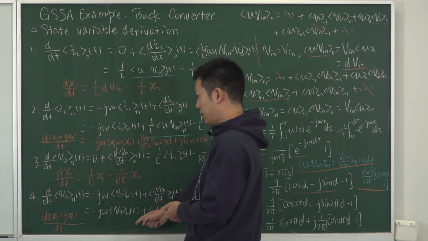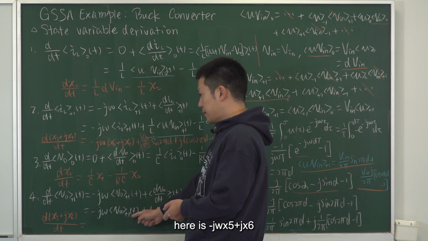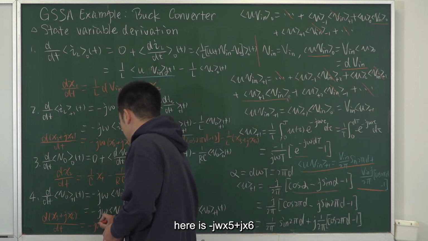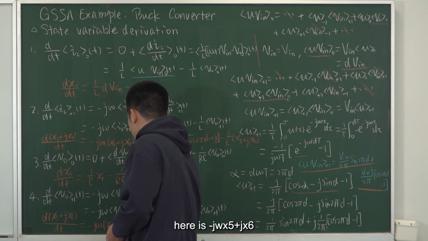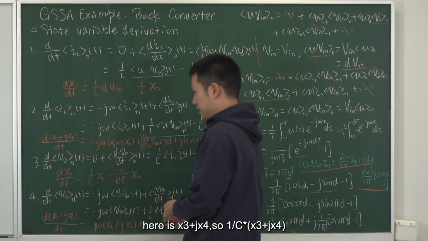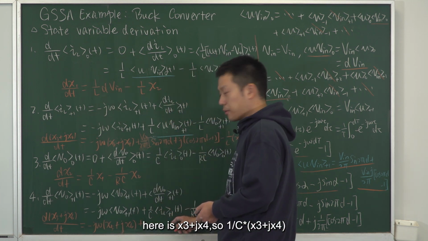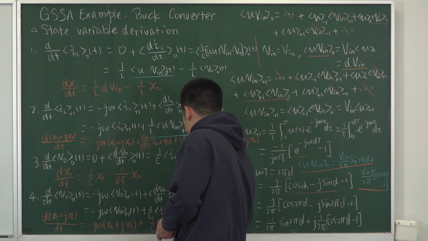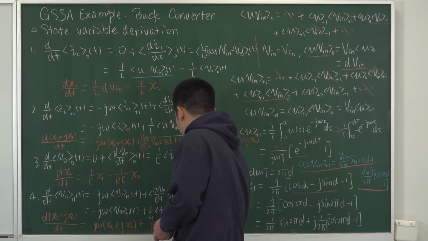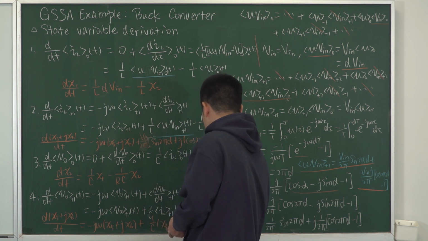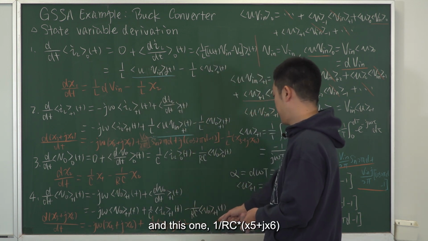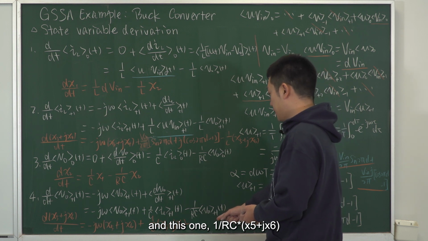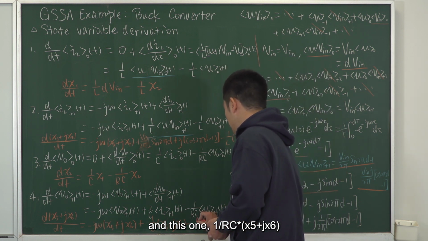And the right-hand side here is minus j omega times x5 plus jx6. Here is x3 plus jx4, right? So 1 over c times x3 plus jx4. And this one, x5 plus x6j, minus 1 over rc.